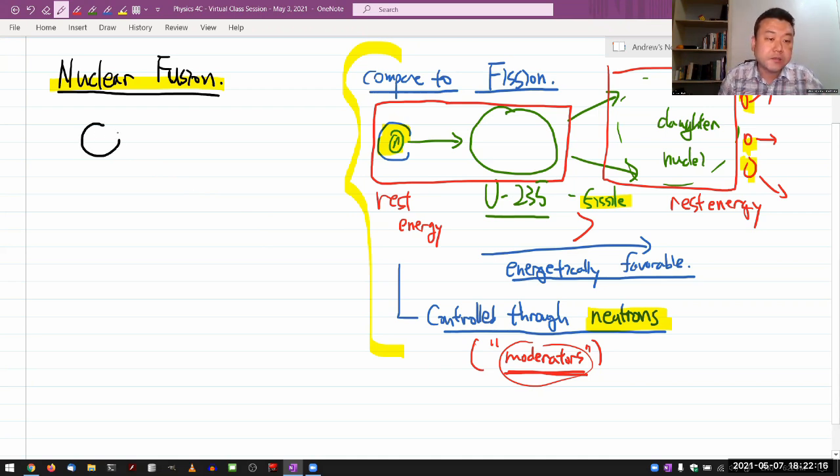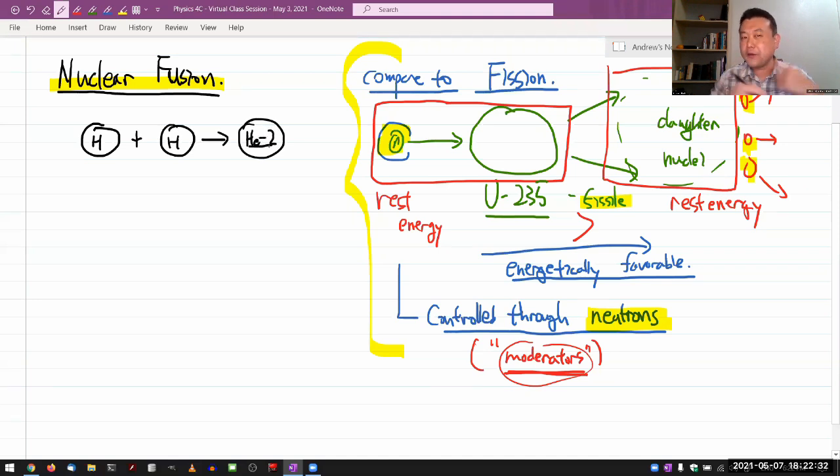That would be a hydrogen fusing with another hydrogen, and then turning into what? Helium-2. If you have been paying attention through this chapter 10, that's not quite right, because helium-2 is not one of the isotopes of helium that you are familiar with. You have heard of helium-3 and helium-4, but helium-2 is not one of the stable isotopes of helium.